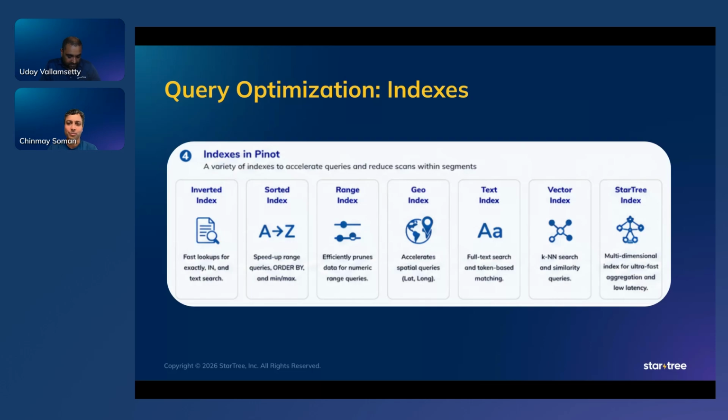Vector index was added about 2 years ago. This is actually very useful. You could natively store embeddings as one of the columns in your Pinot schema, and then do similarity or semantic search using the vector index on the data. And then finally, we have the StarTree index. This is one of the most powerful indexes in Pinot.